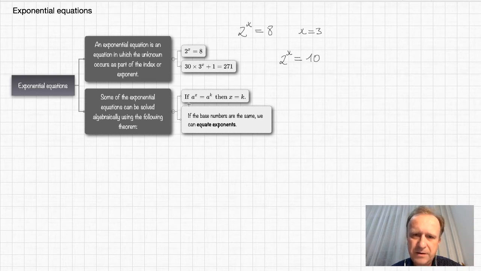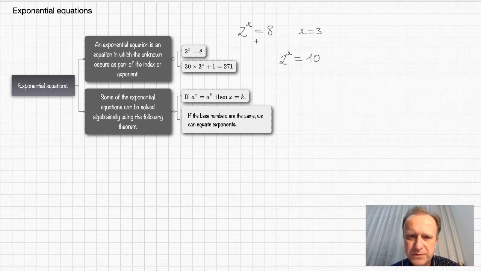If we are able to simplify both the left-hand side and the right-hand side of an exponential equation so that they are in the form of a power with the same base, then the exponent on the left-hand side and the exponent on the right-hand side of the equation have to be the same.